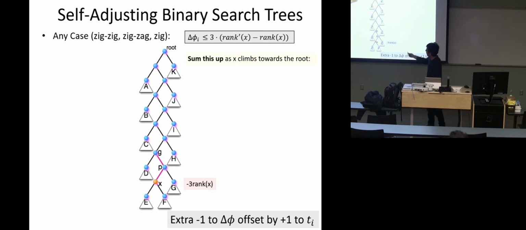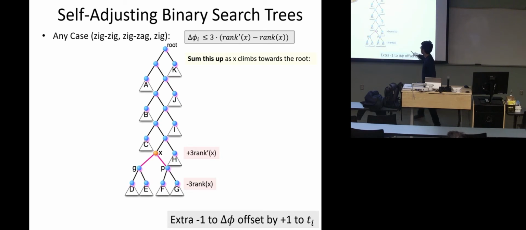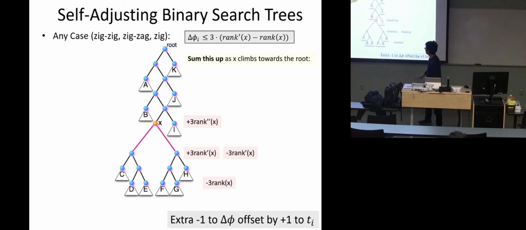When I do a zig-zag, for the potential change you get this increase and this decrease. I do it again, I get this increase and this decrease. This thing cancels. Do it again and again, and you get the next thing, rank triple prime and so on.